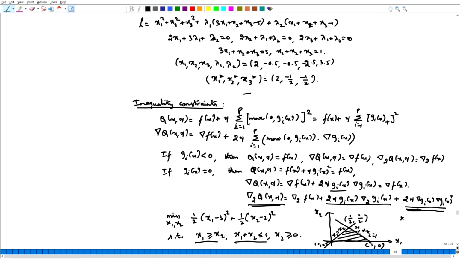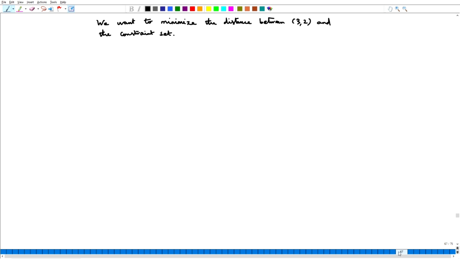If you draw a circle with (3, 2) as the center and passing through (1, 0), you can see that the whole constraint set is to the left. Of course, this can be derived analytically, but since it is easy to see from the figure I am just giving you that the answer is (1, 0). So, x star is actually (1, 0).